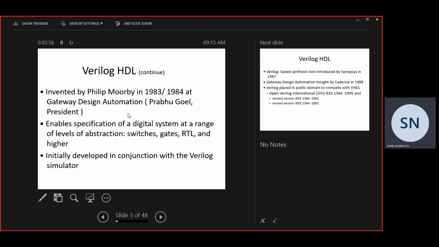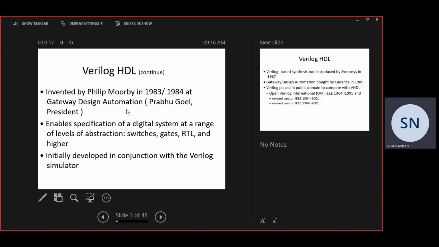Now, when it started: Verilog was invented by Phil Moorby in 1983 or 1984. As you can see, the first transistor evolved in 1947.